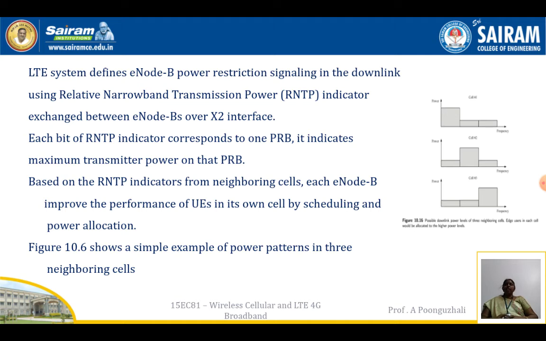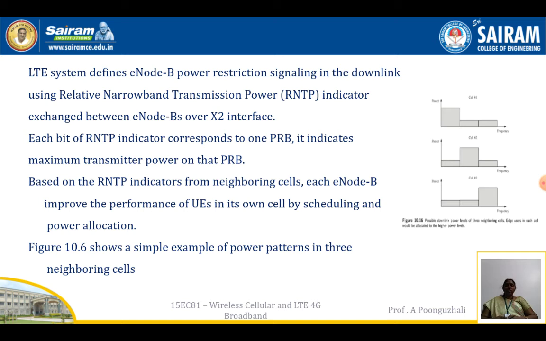Each bit of this relative narrowband transmission power indicator corresponds to one physical resource block, where it indicates the maximum transmitter power on that physical resource block. So based on the RNTP indicators from the neighboring cells, each E node B will improve the performance of the user equipment in its own cell by scheduling and power allocation.